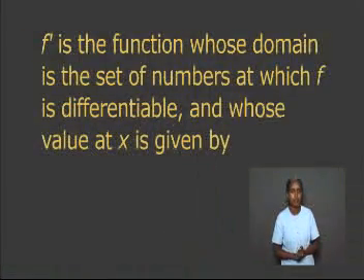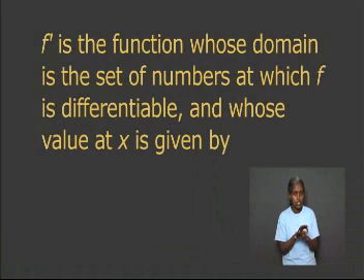There are functions that are differentiable at all numbers in their domain. There are also functions that are only differentiable at some of the points in their domain. f prime is the function whose domain is the set of numbers at which f is differentiable.